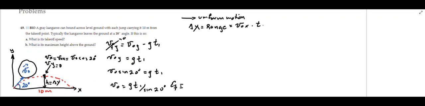We'll call this time t2, because t2 will be the time of flight, the total time in the air, while t1 is just the time for maximum height. So there are different times, right?